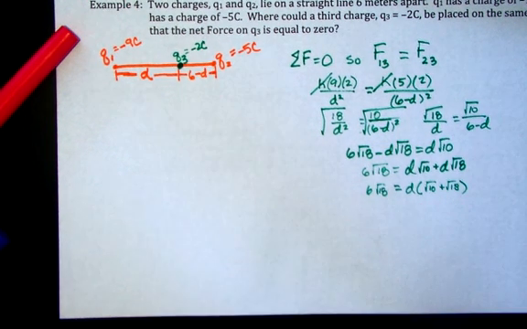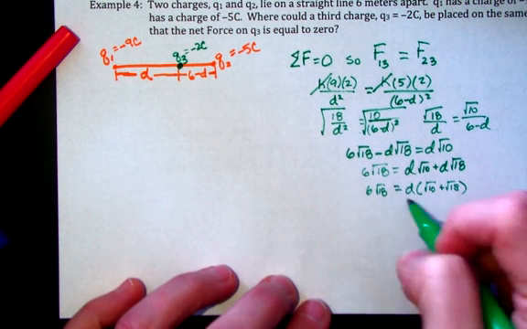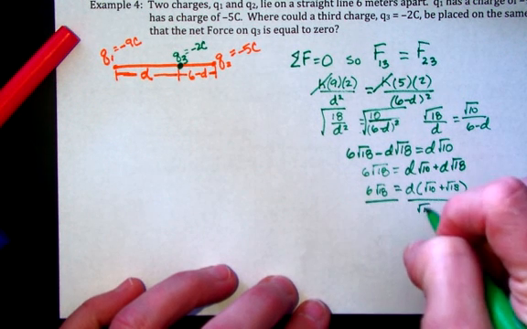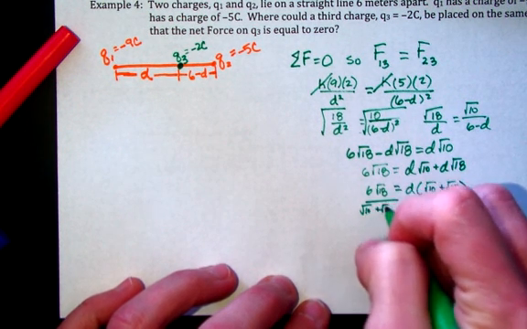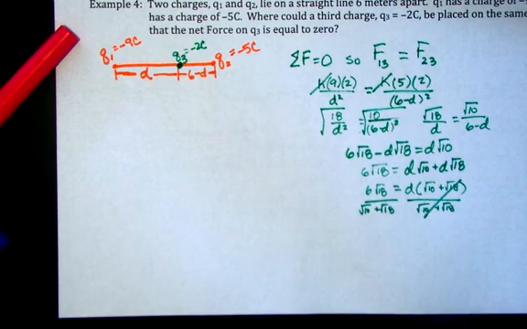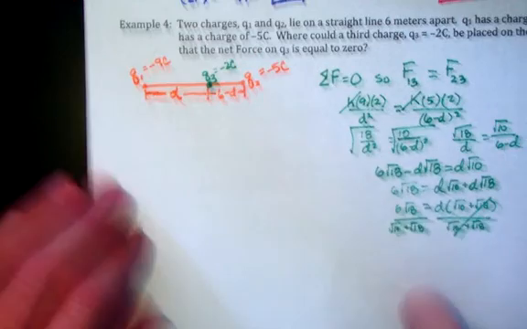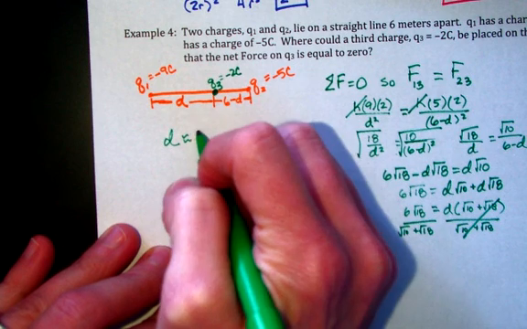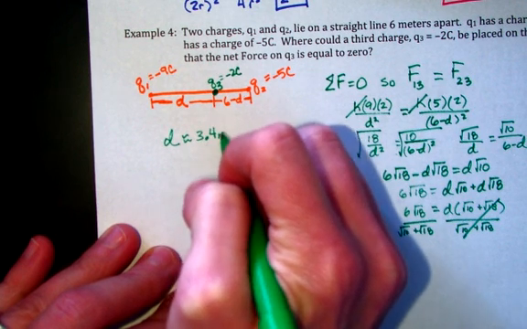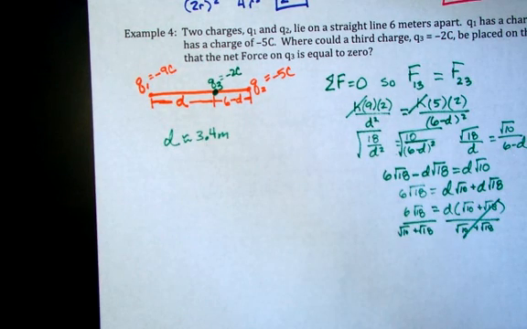Last step. You bet. And then we're going to plug that all into our calculator. When we do that, we get D is approximately 3.4 meters.